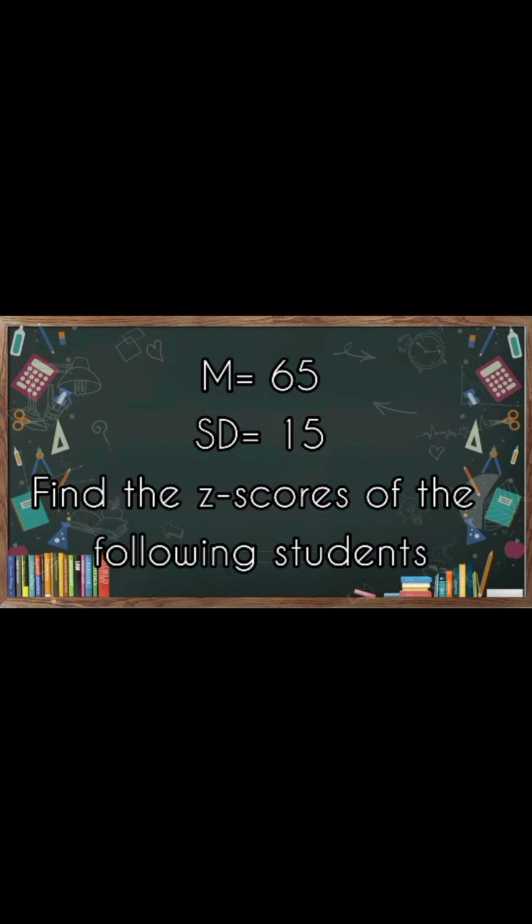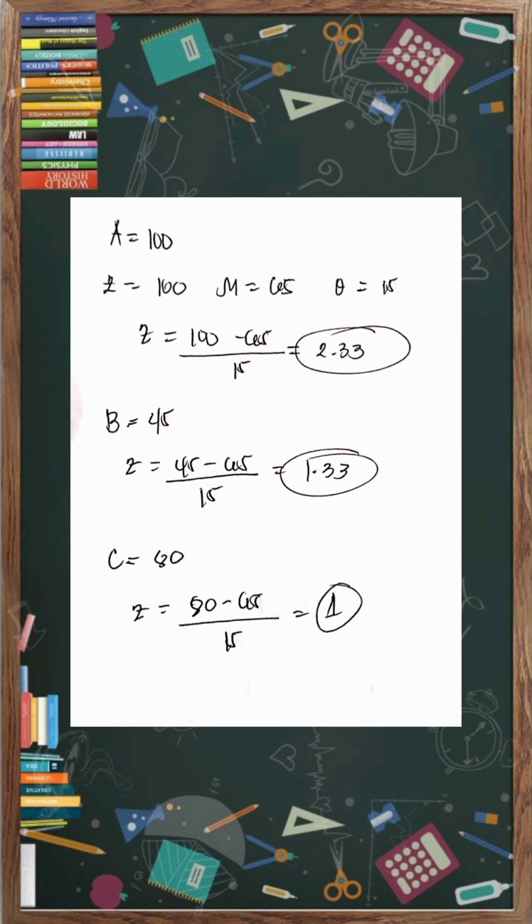Number 3 question. In an examination in statistics, the mean score was 65 and standard deviation was 15. Find the z-scores of the following students who have the following scores. A, ito yung 100, sa B ay 45, sa C, 80.